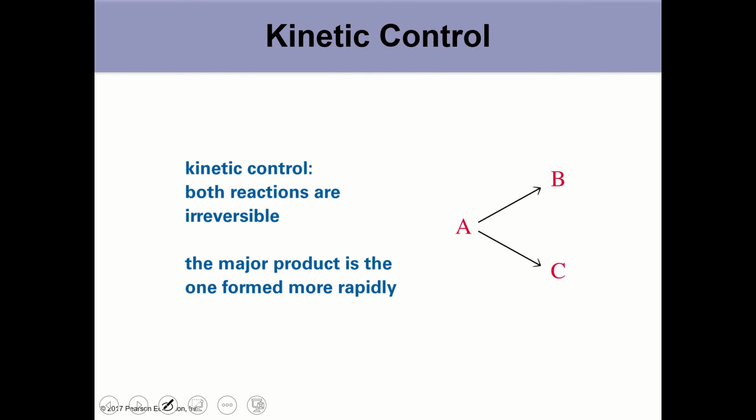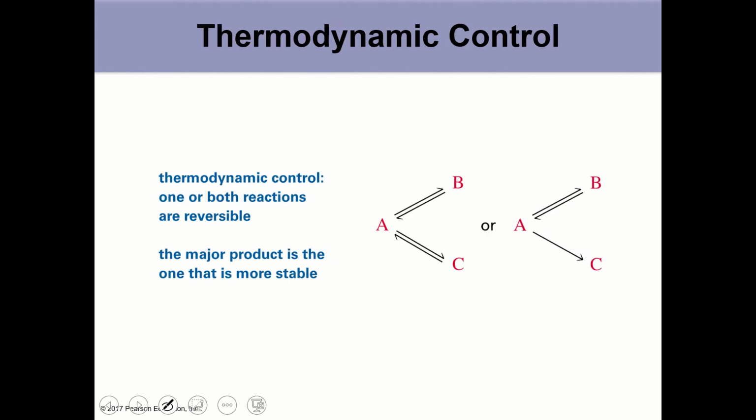Both 1,2 and 1,4 would be irreversible in kinetic control. And the major product is the one that forms more rapidly, which is always the 1,2 product. In thermodynamic control, one or both reactions are reversible, and the major product is going to be the one that is the most stable and gives us the best difference in energy between reactant and product. So the most negative delta G value is going to prevail.